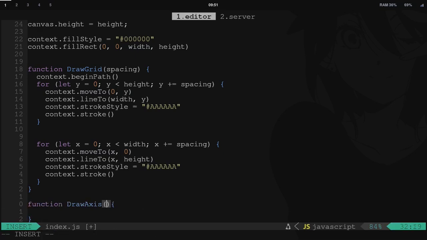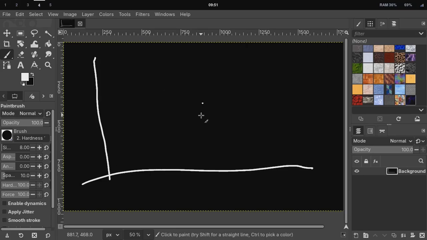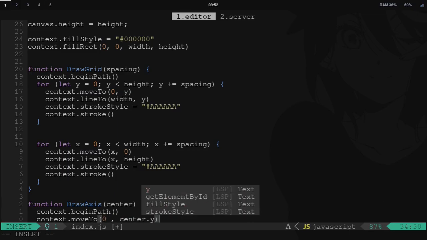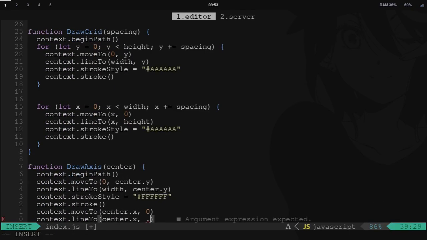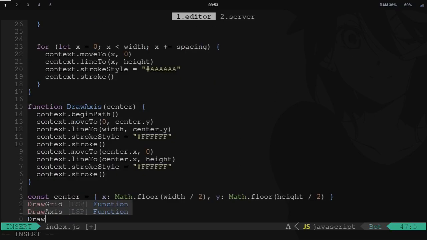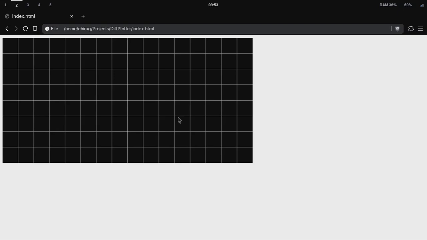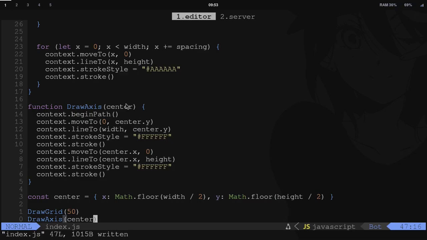It will take in center as an object, and it will draw lines. Draw axis and the center will be center. As you could see, we got the axis right here. Okay, so we got our axis right here.